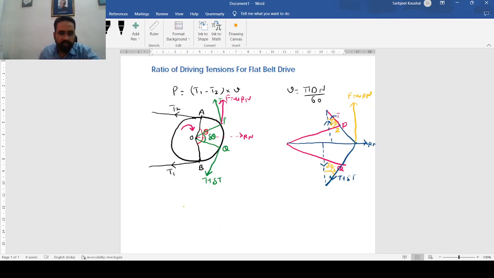So, firstly, we will resolve the forces in horizontal direction.